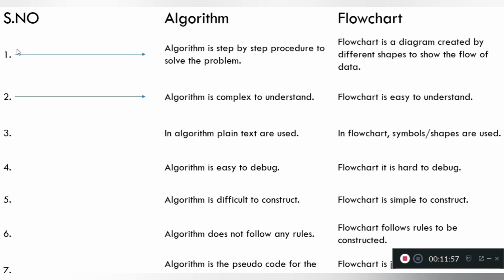Algorithm is complex to understand, whereas flowchart is easy to understand. In algorithm, plain text is used, whereas in flowchart, symbols and shapes are used.